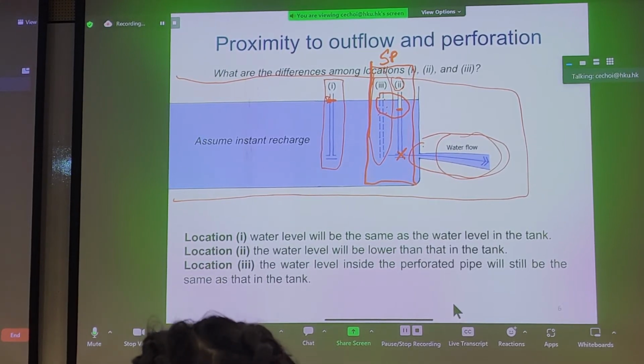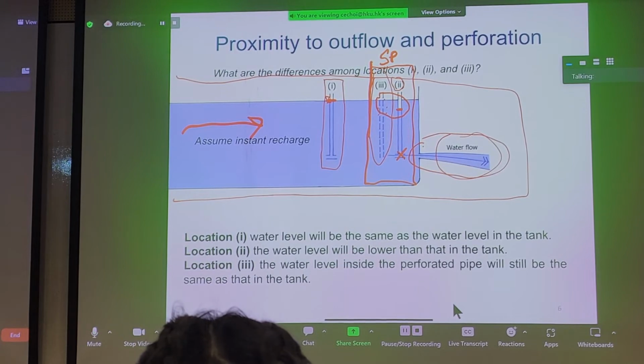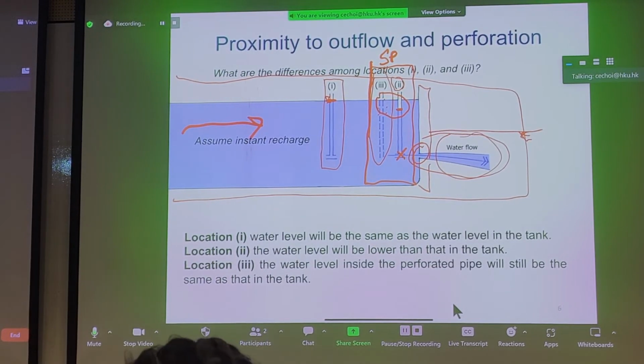So at location 1, the water level will be the same as the water tank. We assume that there's constant or instant recharge because we're adjacent to the sea. At location 2, the water level will be lower than that in the tank because we have localized outflow at this location. And you can imagine this could be a diaphragm wall, the passive side of an excavation, where you're getting some sort of flow net moving into your excavation, for example.